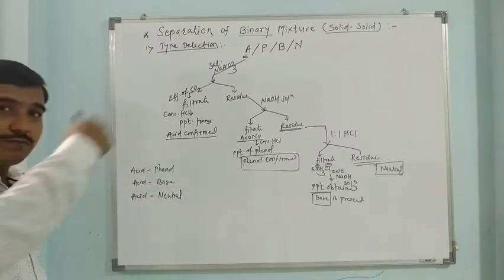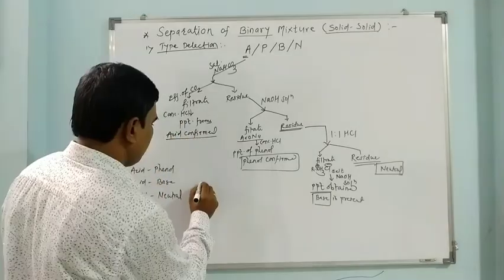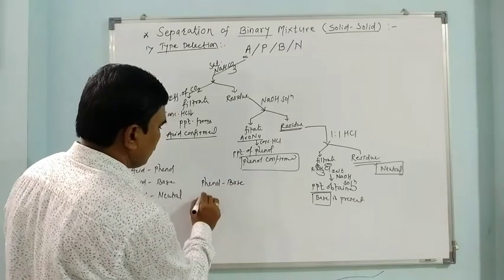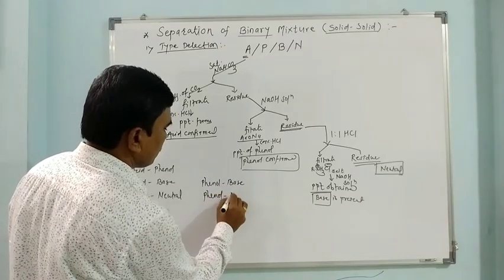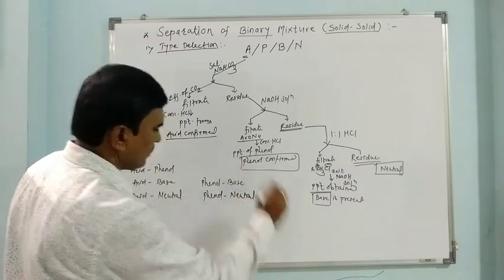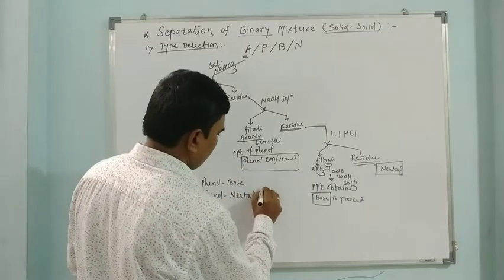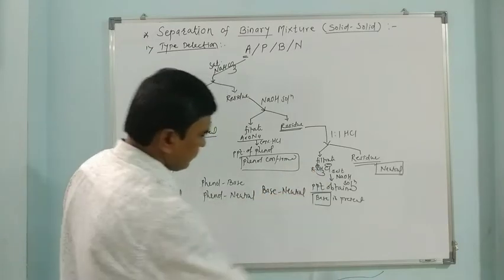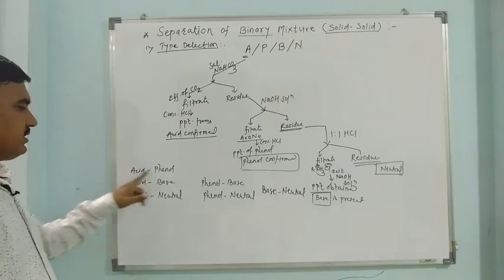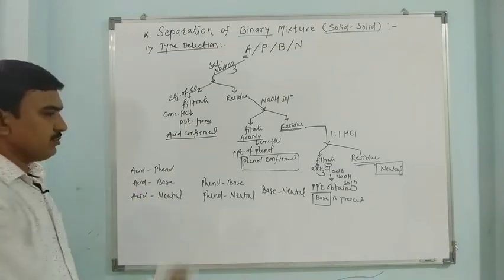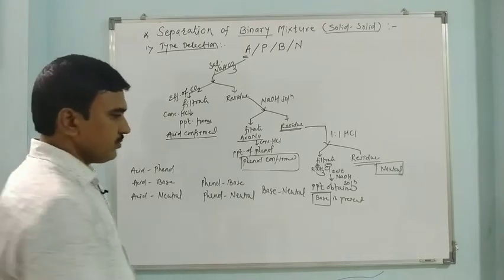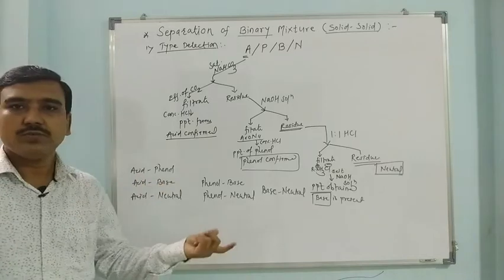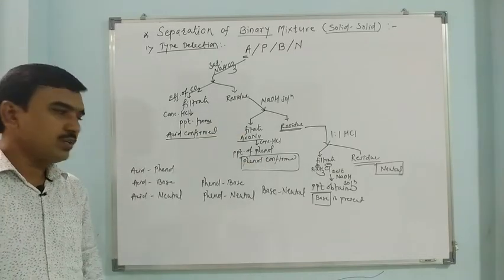If we didn't have acid further, so it can be phenol base or phenol neutral, and the third possibility is it can be base neutral. So in this way it can be acid phenol, acid base, acid neutral, or it can be phenol base, phenol neutral, or it may be base neutral. So these are the different possible combinations of the binary mixtures we can have in the solid-solid binary mixture.